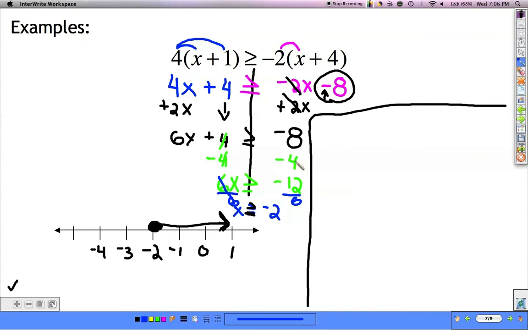I want to check to see what happens when I put in negative 2. So I have 4 times the quantity negative 2 plus 1, and I want to see if that is greater than or equal to negative 2 times the quantity negative 2 plus 4.